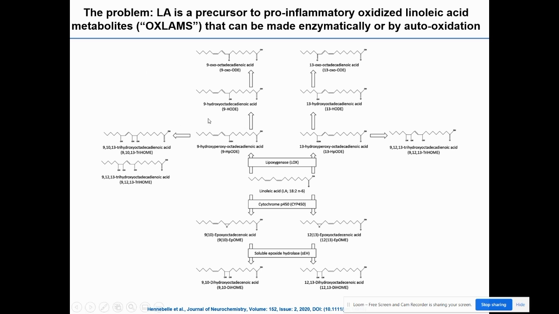So as you can see here, you're adding a hydroperoxy group, OOH. Here it's an OH. Here you're adding an epoxide, this oxygen hat-like structure. So you end up with a diverse set of oxidized linoleic acid metabolites with different properties and functions.